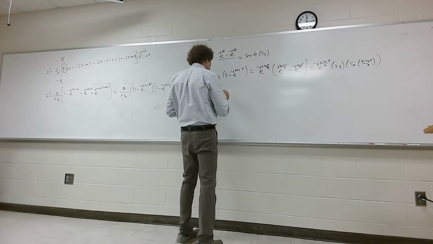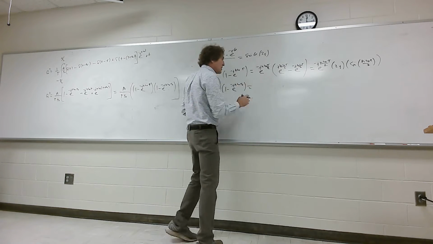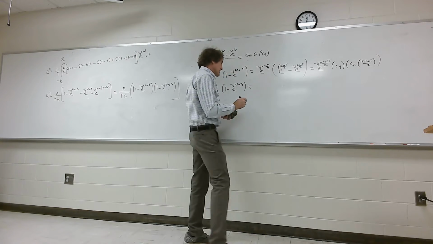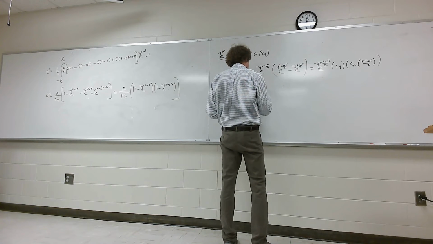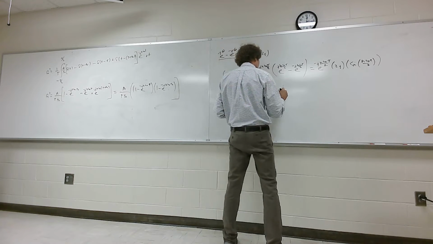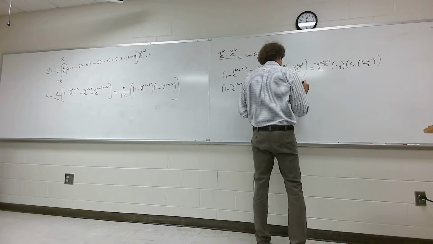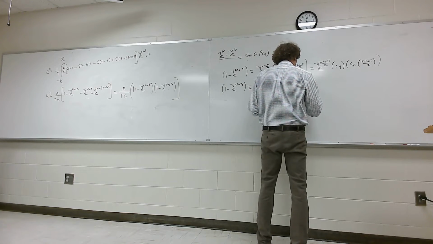If I do the same thing for 1 minus e to the minus j n omega naught tau rise, what do you see happening? I'm going to pull out an exponential with half angle, minus j n omega naught tau rise over 2, and I get e to the j n omega naught tau rise over 2 minus e to the minus j n omega naught tau rise over 2.